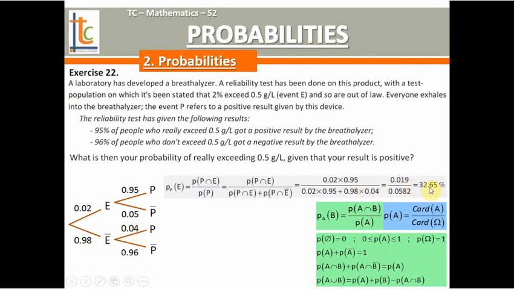The result is 32.65%. Okay, a little bit less than 1 in 3. So, if this device says that you are positive, the chance that you really exceed 0.5 grams per liter are 32%. So it's an astonishing result, but it's true, of course. We didn't make a mistake in our calculations.